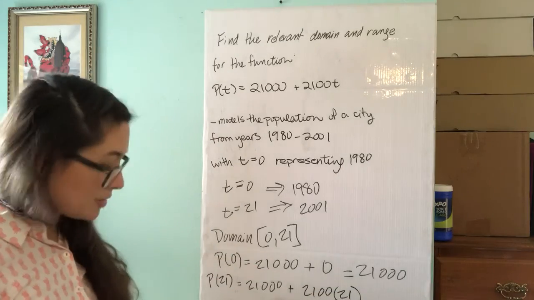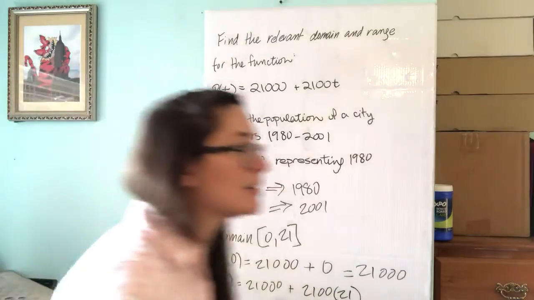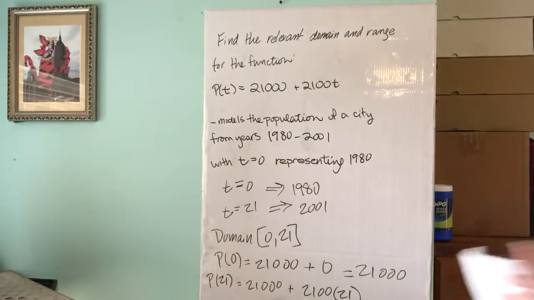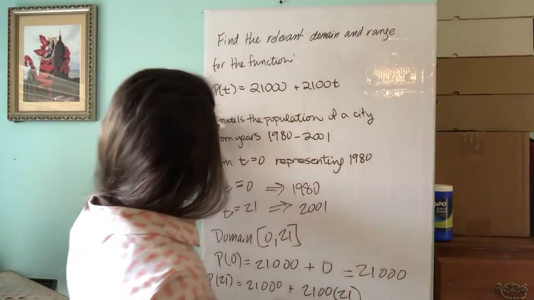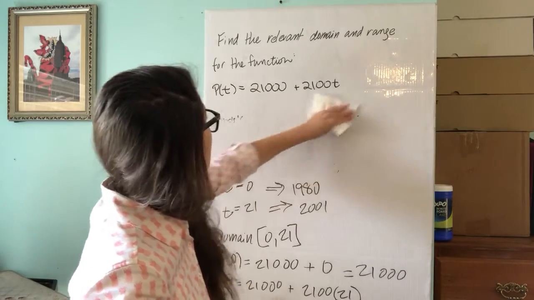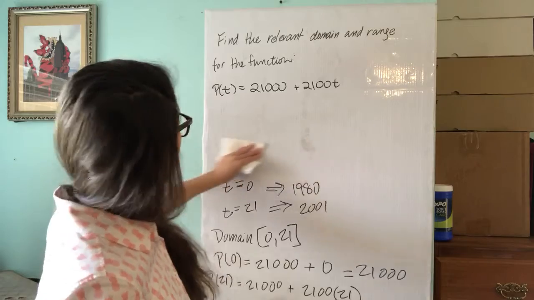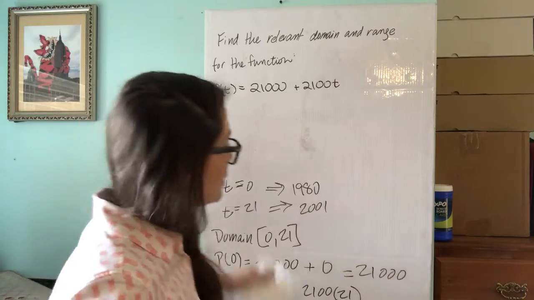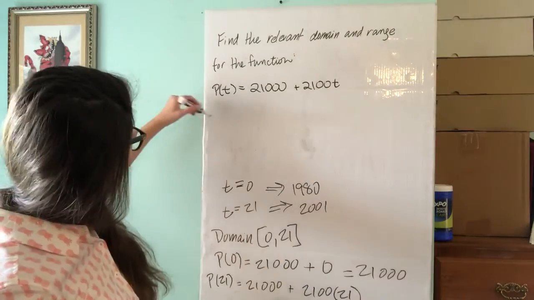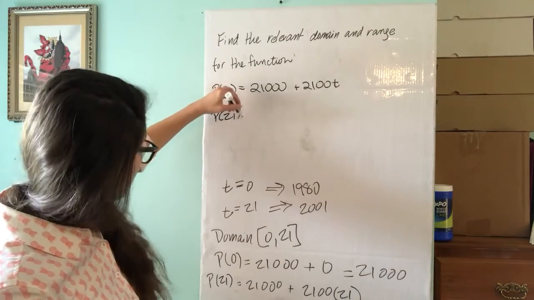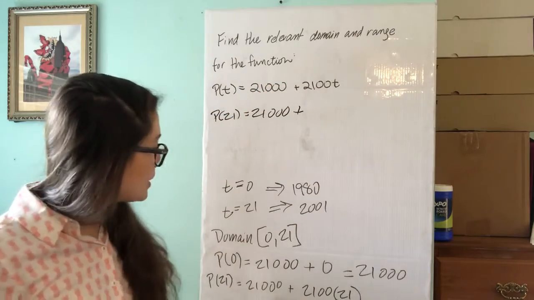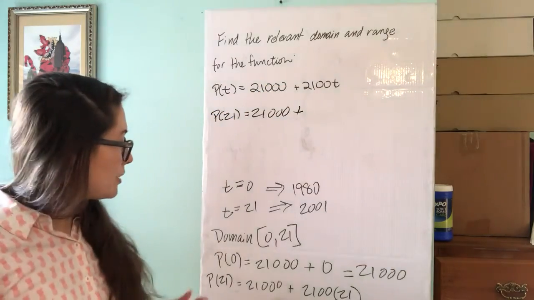Okay, can we do mental math? Let's see. Can we do this without a calculator? So P of 21 would be 21,000 plus, okay, what's 21 times 2,100?